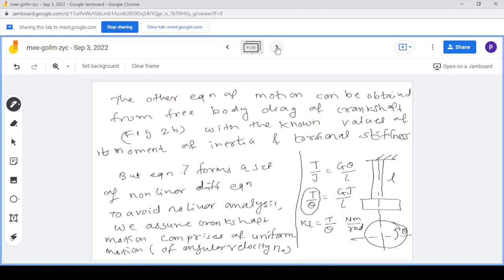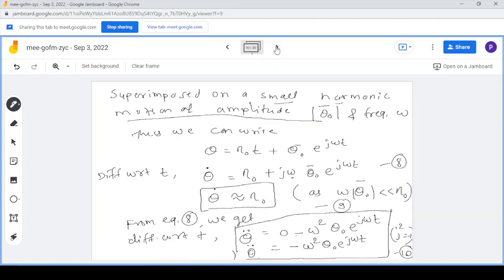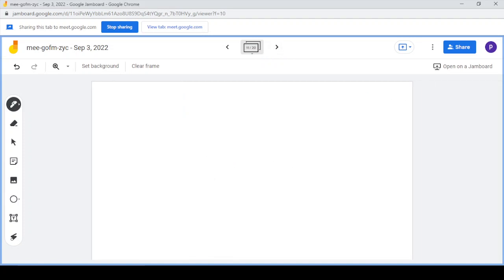So let us look at what we get. I rewrite the expression here: L into phi double dot plus r theta dot square sin phi plus r theta double dot cos phi is equals to 0. This is expression 7.